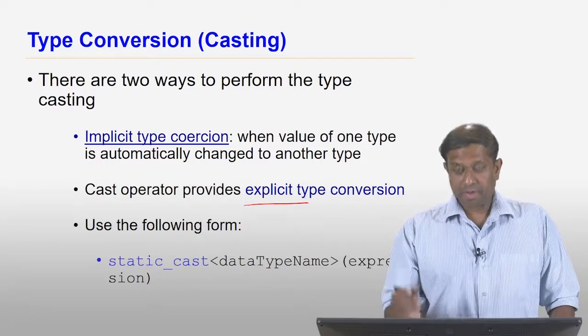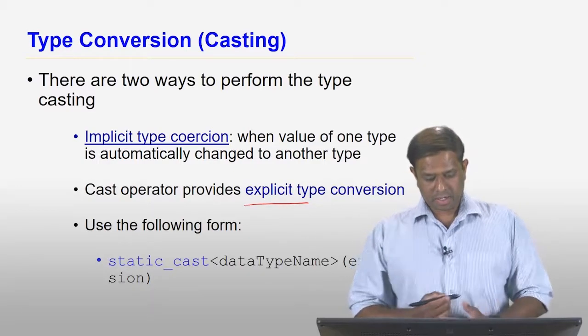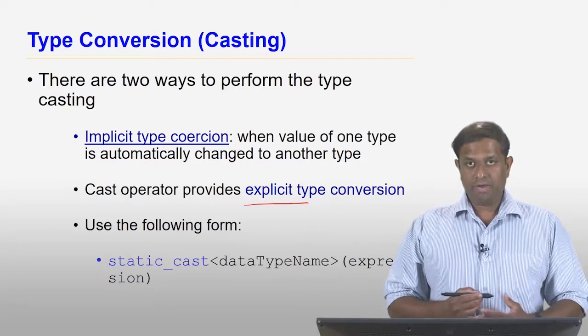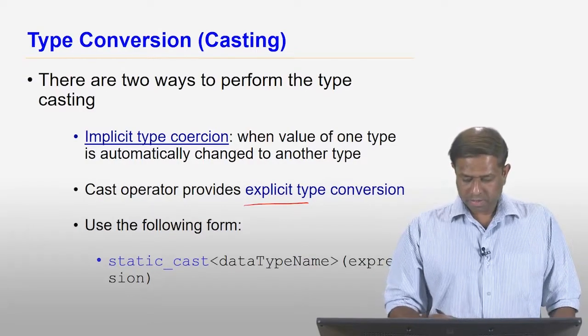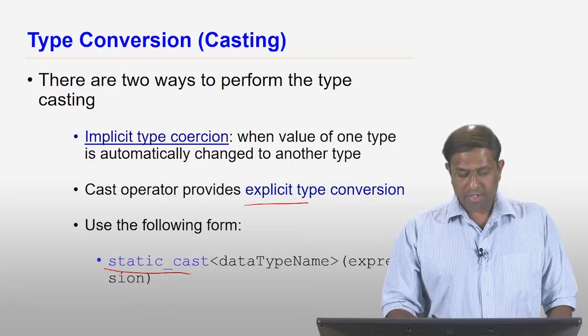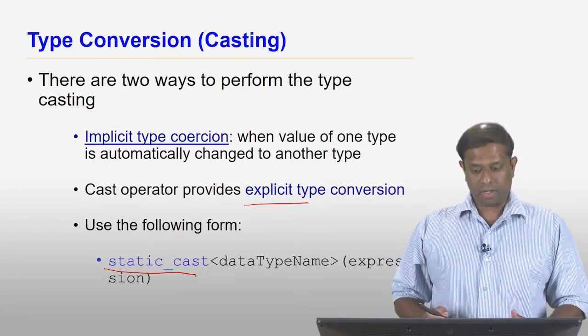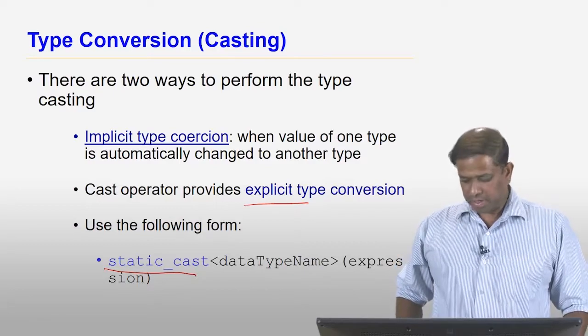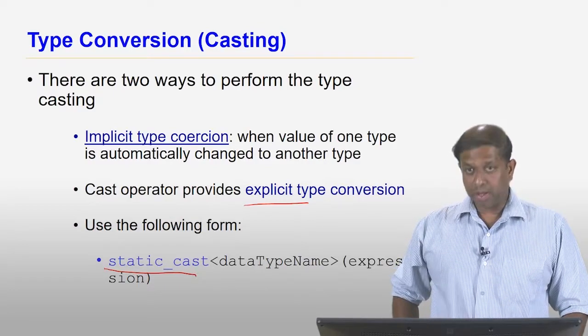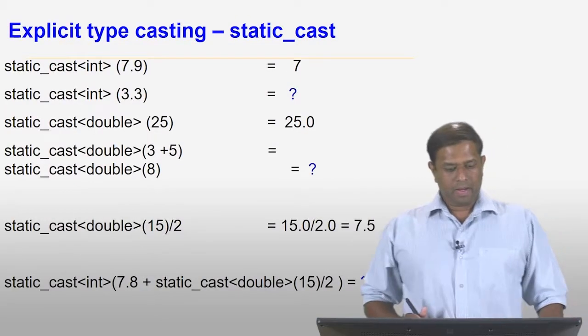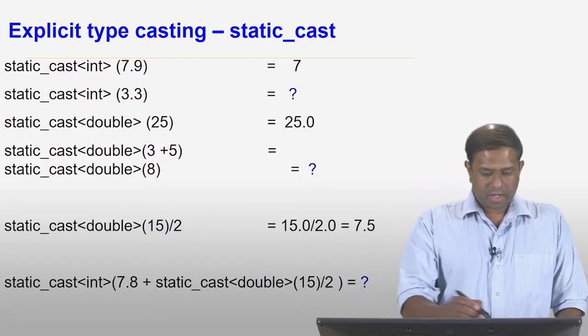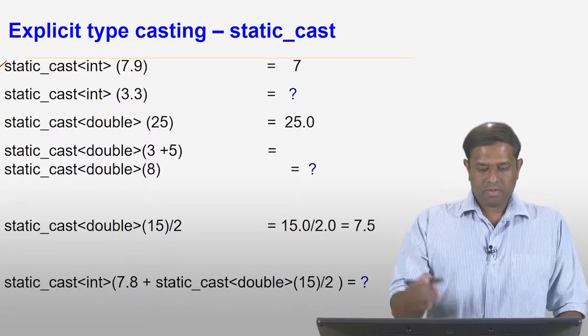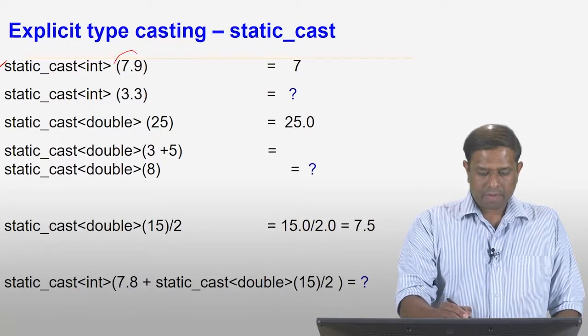That type of conversion is called explicit type conversion. Usually, for explicit type conversion, we use the static cast method in C++. Let us take a quick look at the static cast method and see how type conversion happens.